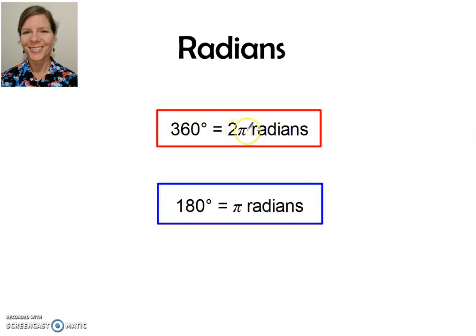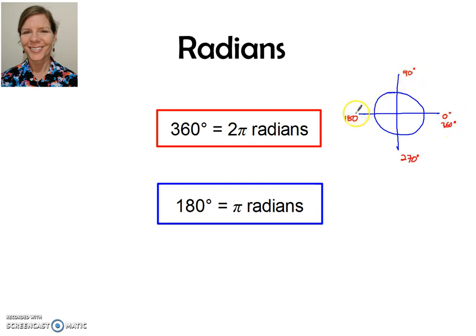So 360 is 2 pi radians, which means 180 is pi radians. If we think about this on our unit circle, where we start over here, we're used to going 0, 90, 180, 270 in degrees, and then back to 360.